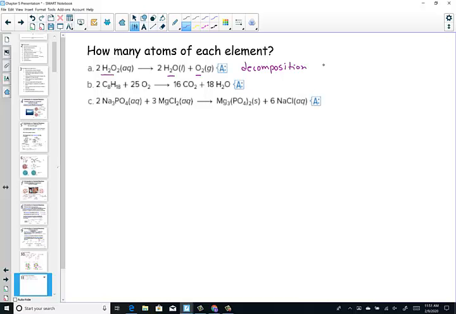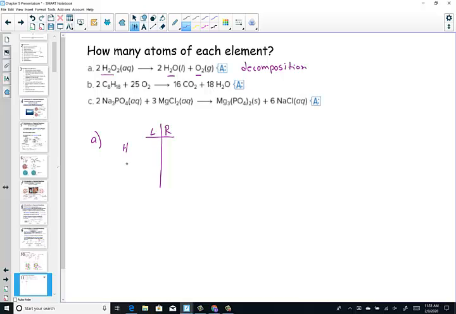To decompose, we have one reactant turning into more than one product, right? You're breaking it down into simpler pieces. So that pattern of chemical change we'll learn. Decomposition, what makes it unique is it has just one reactant breaking down into many products.